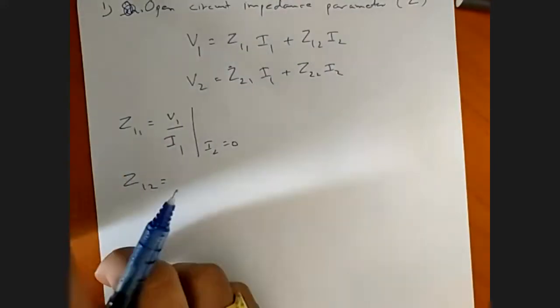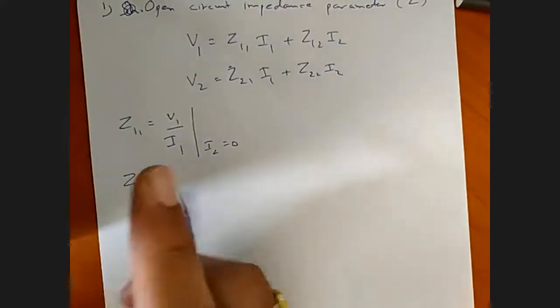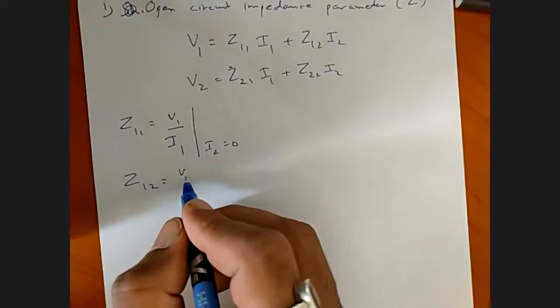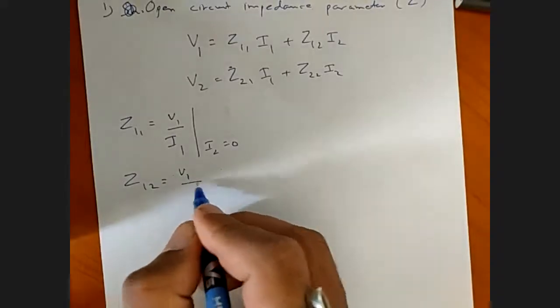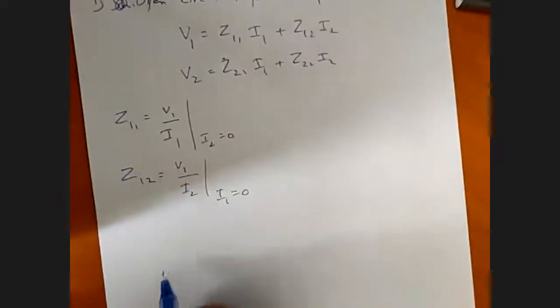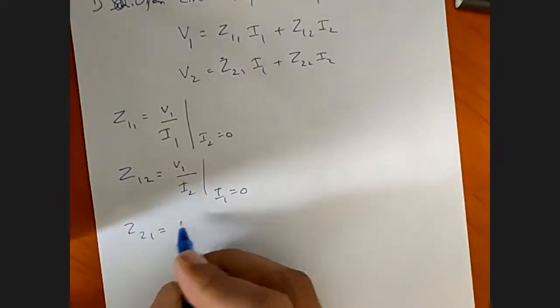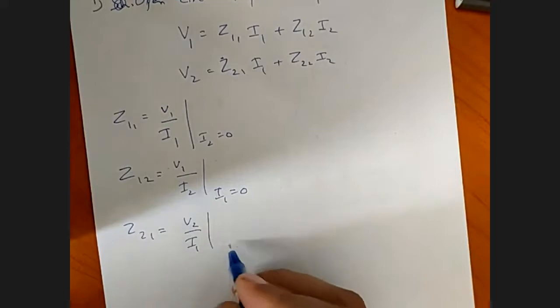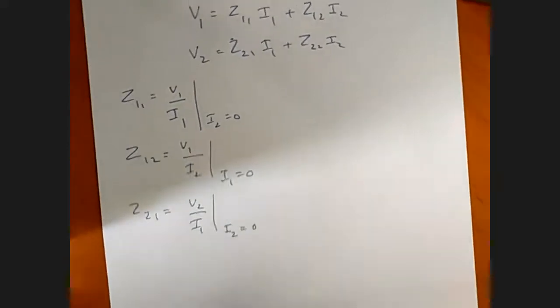Z12 will be V1 upon I2 when I1 equal to 0. Z21 is V2 upon I1 when I2 is 0.